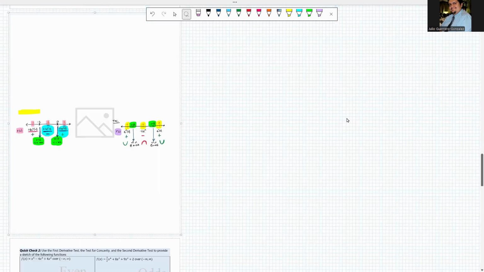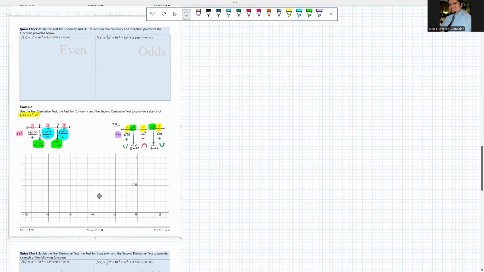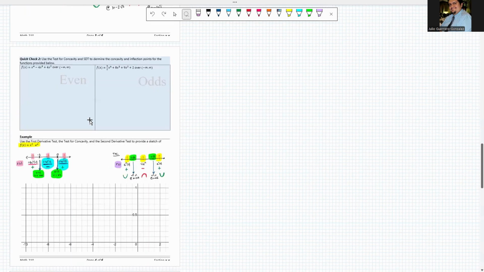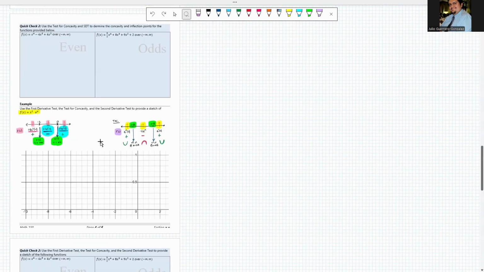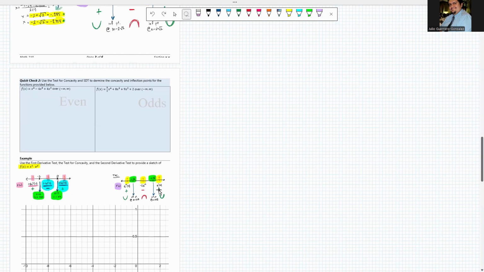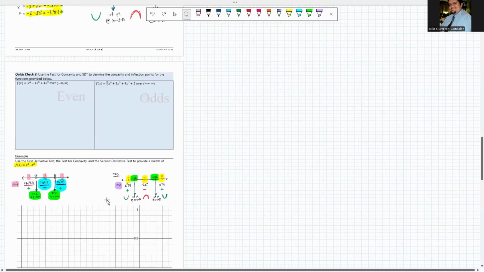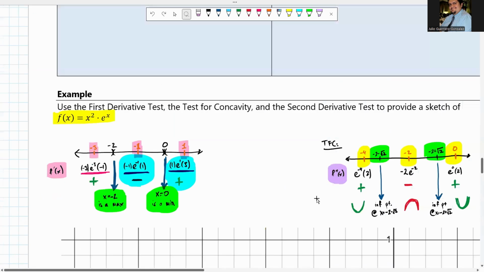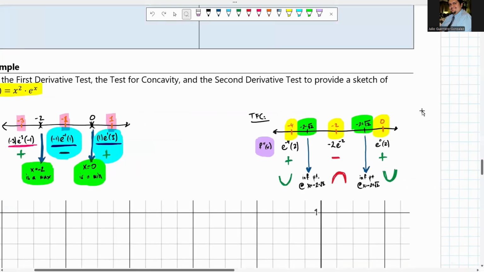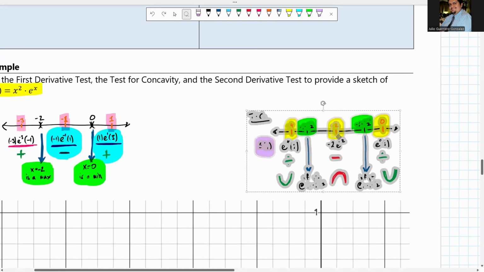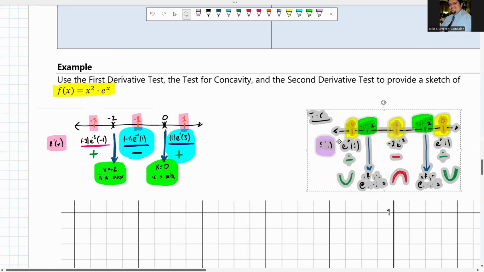All I'm doing here is just going back to my notes. It's being clumsy. There we go. I'm just grabbing my information from examples that I already did. That's it.